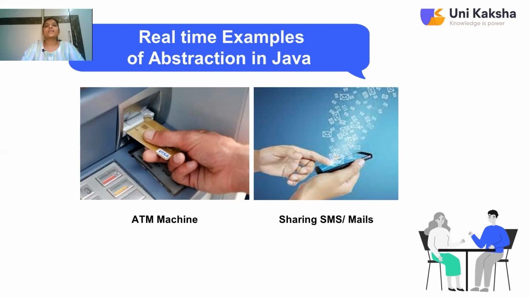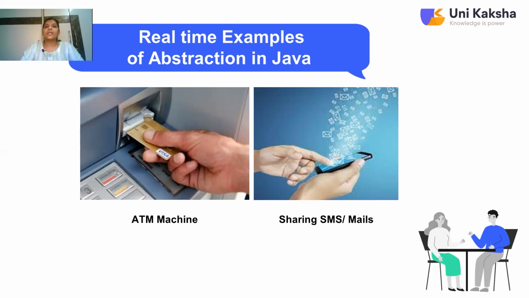Now the second example is the same: when we send any SMS or mail, or when you make a WhatsApp call to your friends or family, within a fraction of a second the call gets connected and you start the conversation.